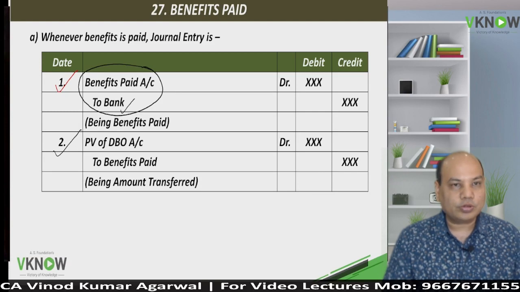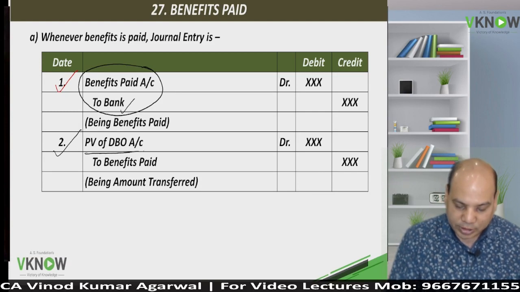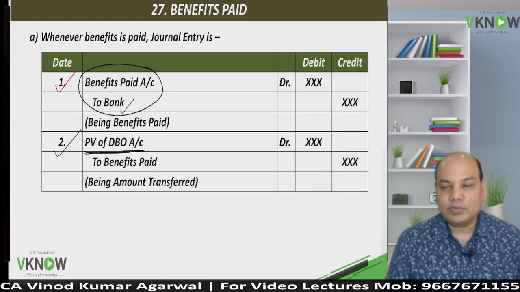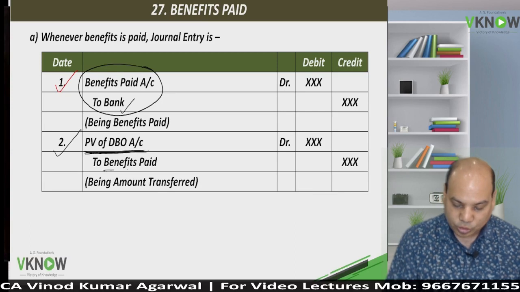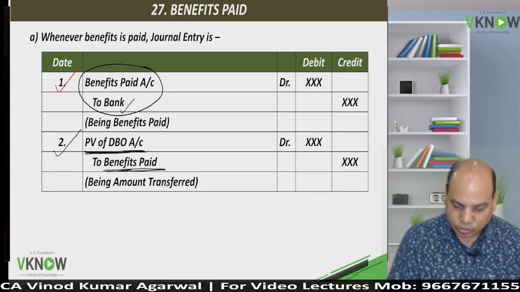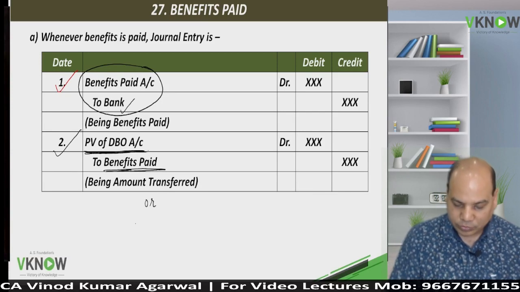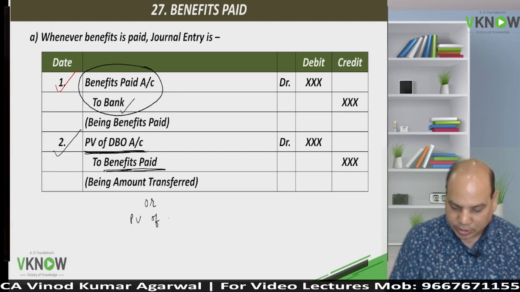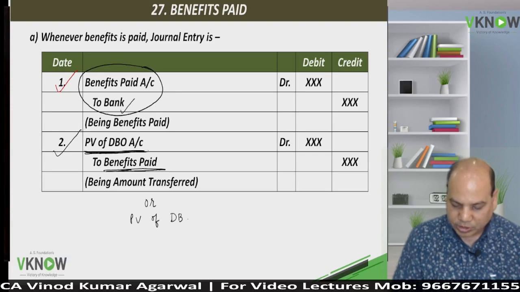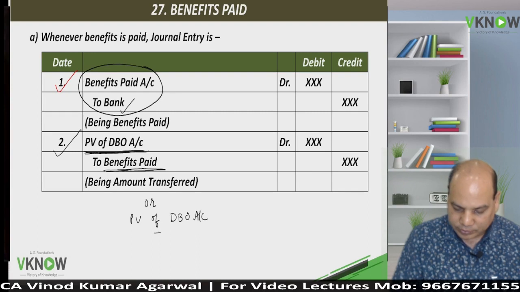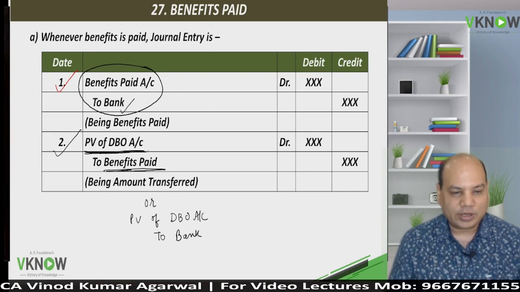To the extent we are going to reduce the liability, the entry will be PV of DBO account debit to benefits paid, or you can pass one entry directly if you want: PV of DBO account debit to bank account. Good students can write that also.